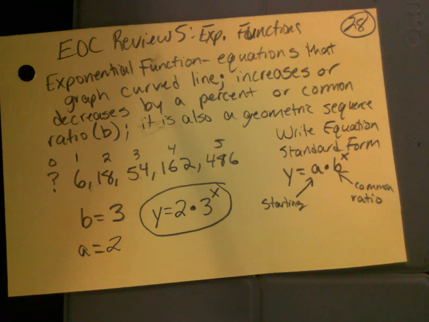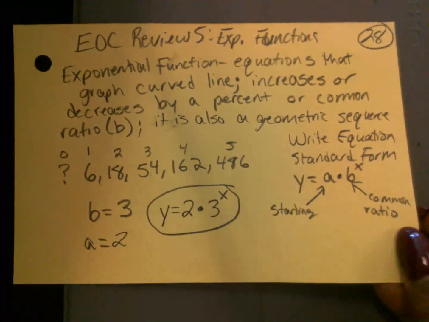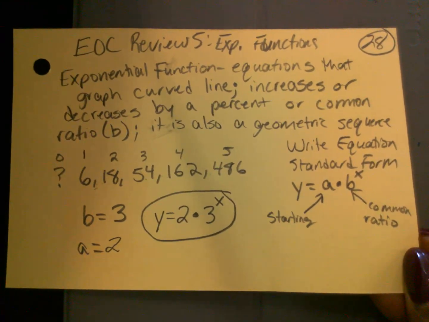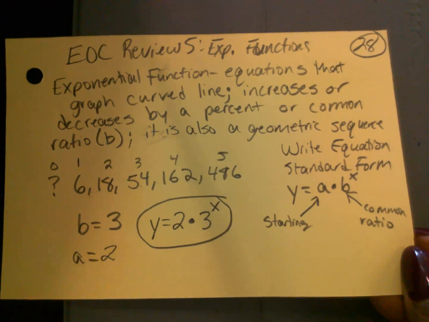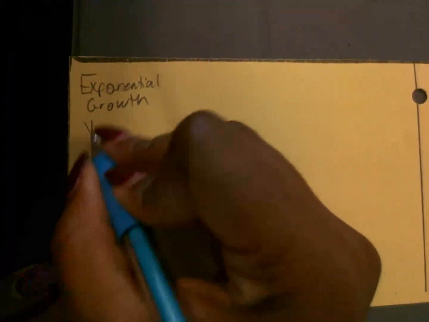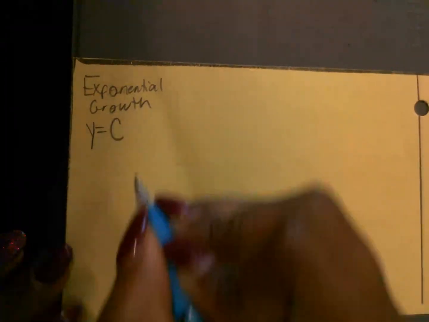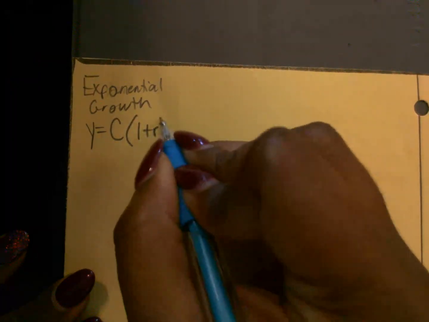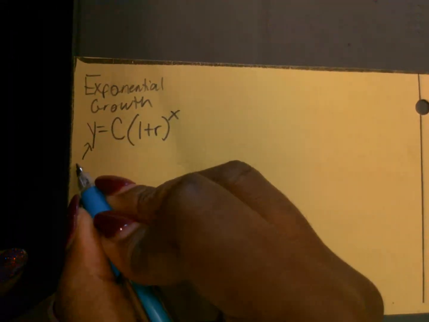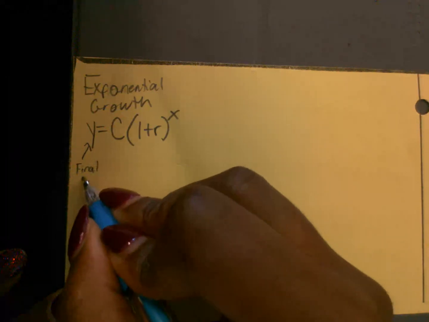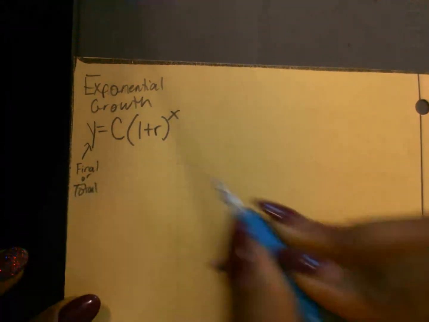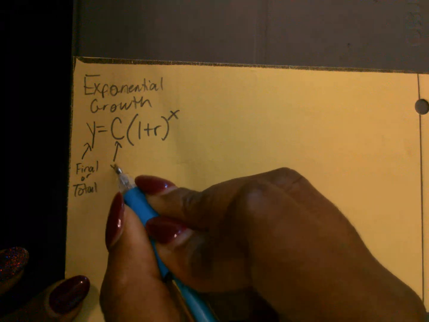Y equals... Nope. Y equals C times 1 plus r, to the x power. So y, the total amount, is equal to C, the starting amount, times parentheses 1 plus r to the x or t power, where y is the final amount or total. The C is the starting amount or your y-intercept.